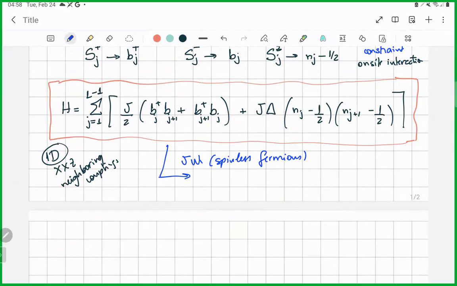In this one-dimensional case, which is very particular, you will see that this hopping term becomes the same hopping term that we saw in the language of spinless fermions, which we said, oh, this is a bilinear, non-interacting term associated with quadratic Hamiltonians. This is true in 1D, which is very particular.